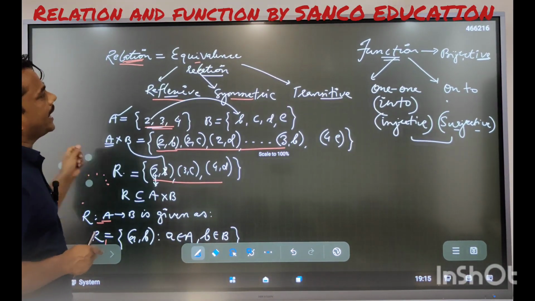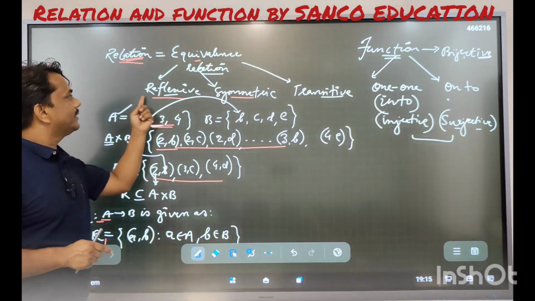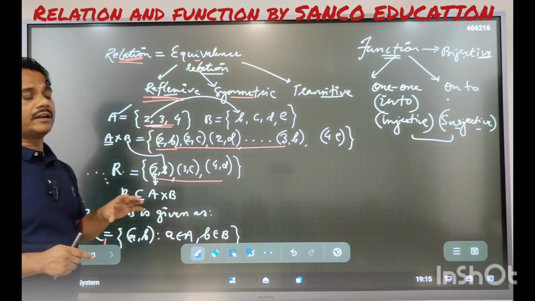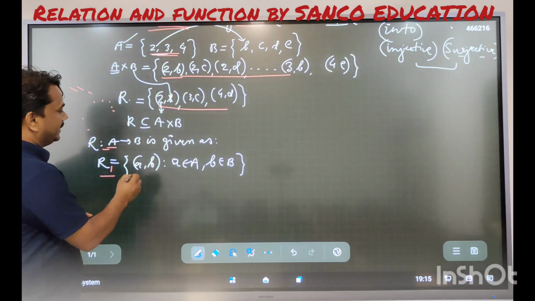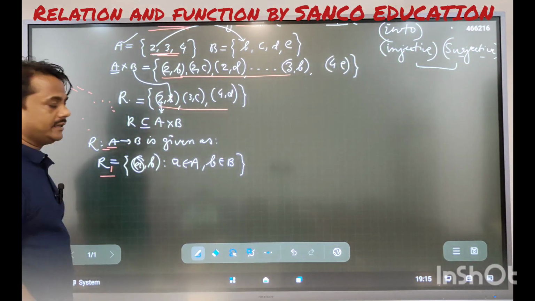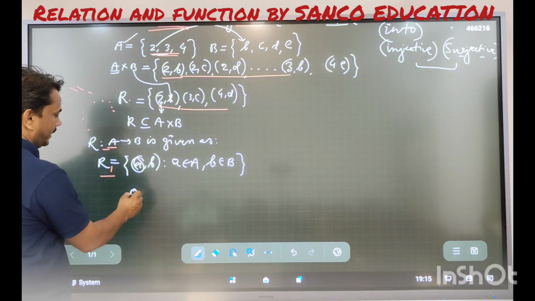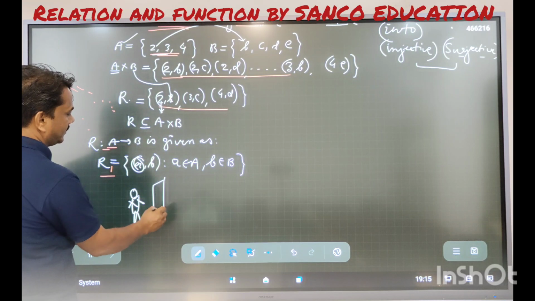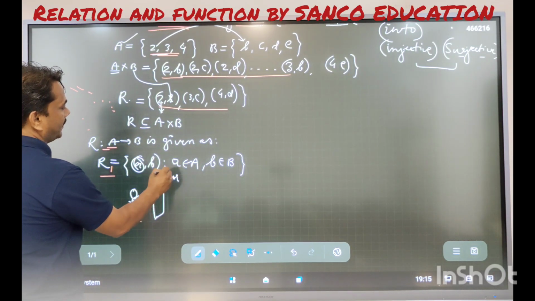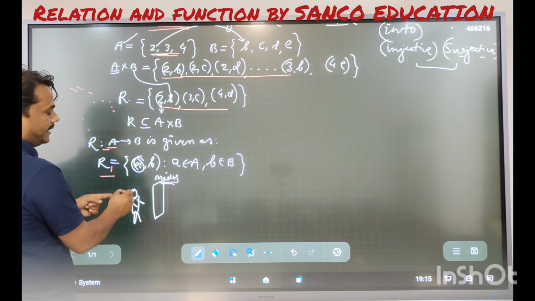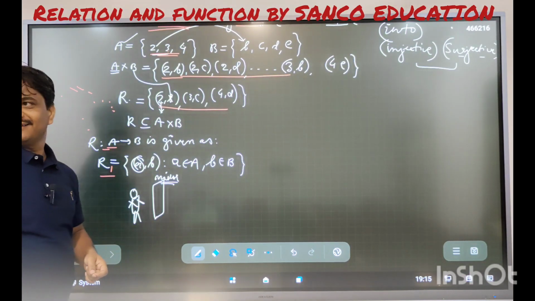Now the types of relations. First is the reflexive relation. So what is the reflexive relation? We can see that here there is a member A. If this member A is standing before a mirror, obviously he will see himself in the mirror.